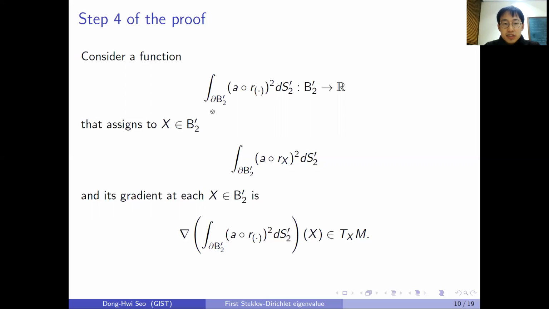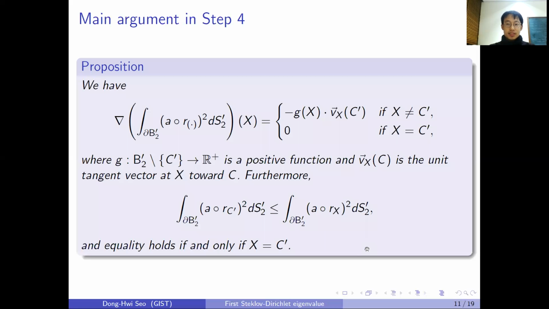Then the gradient of our function at X becomes a tangent vector at X. In the following proposition, we compute the gradient of our function at X. And we show that it is computed by minus a positive function G at X times the direction from X to the center of the outer ball C prime.